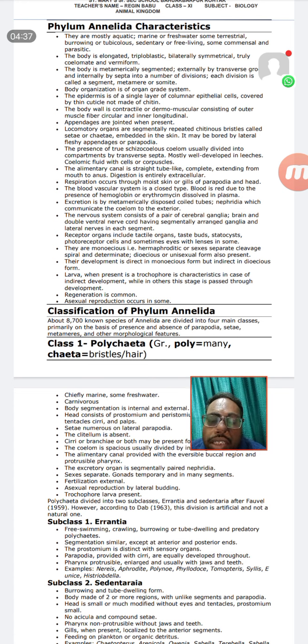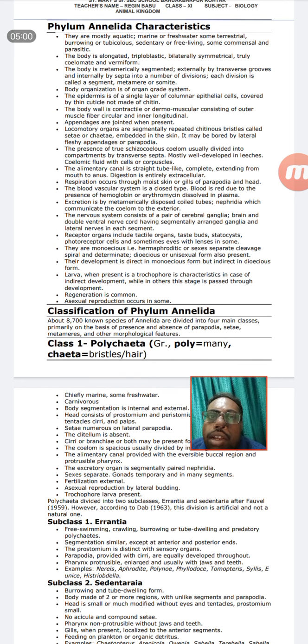They have the capacity to breathe, that means ventilation, exchange of gas, through the moist skin. Blood vascular system is closed. Excretion is by nephridia, which is a primitive form of kidney.